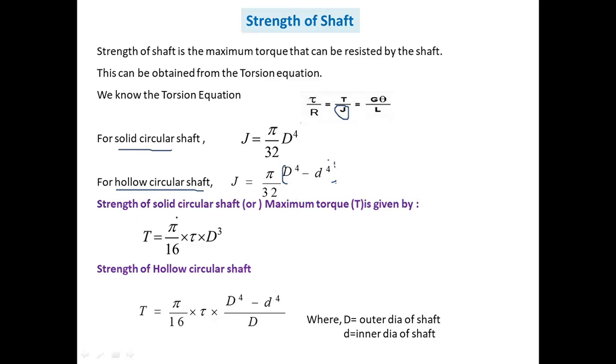The strength of a solid circular shaft, that is the maximum torque T, can be determined using this formula: pi by 16 into shear stress into d cube. Similarly for a hollow shaft, pi by 16 into tau, but instead of d cube, the outer diameter and inner diameter terms are used.